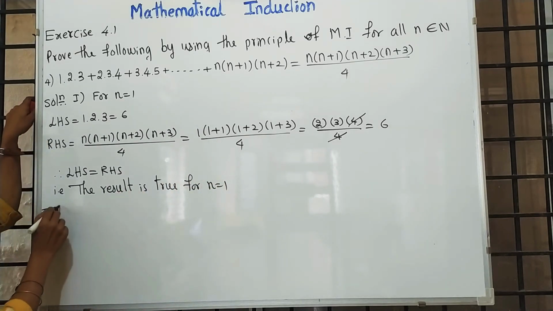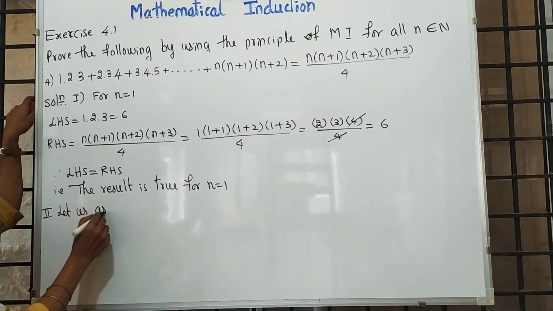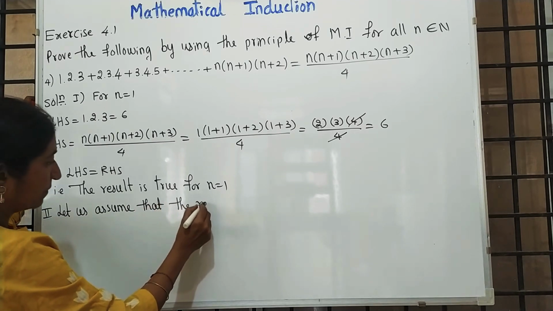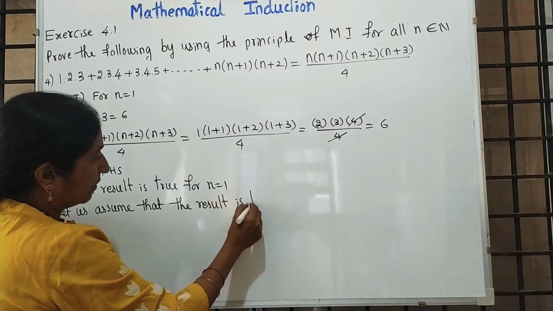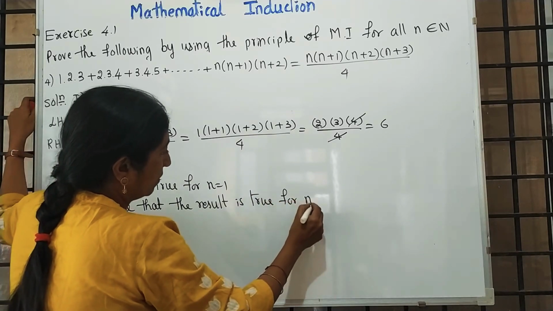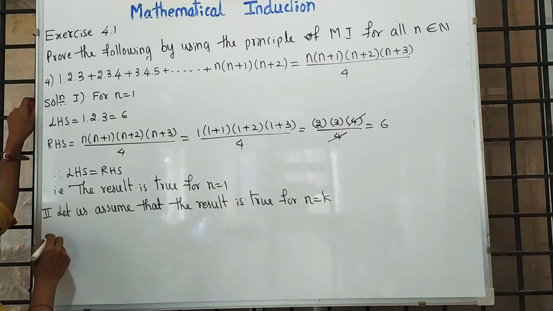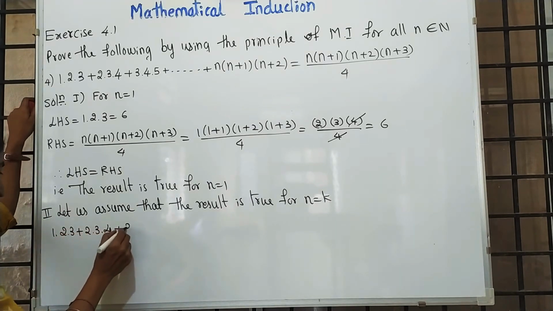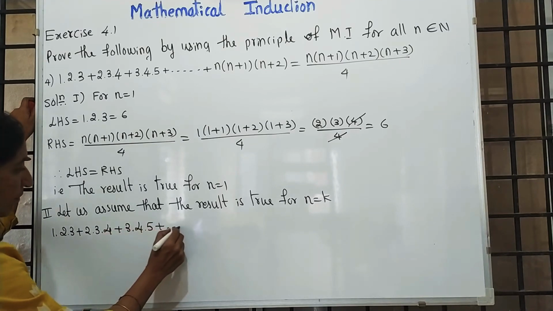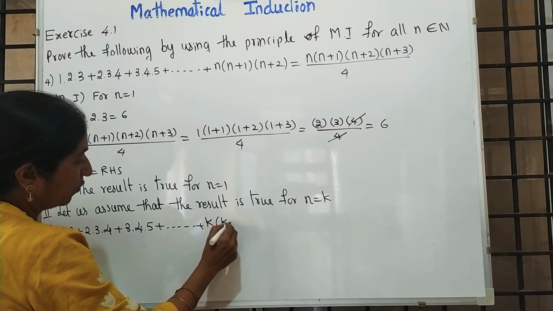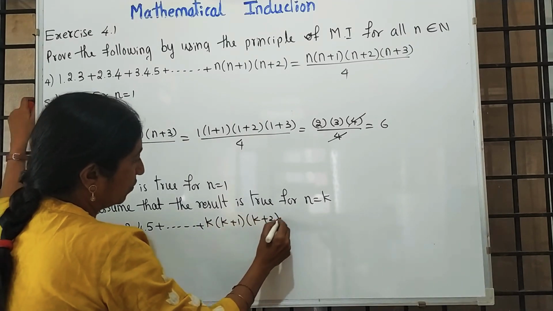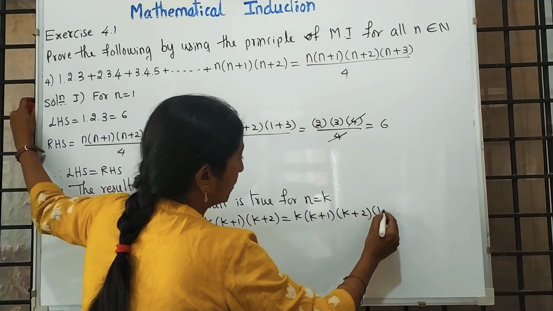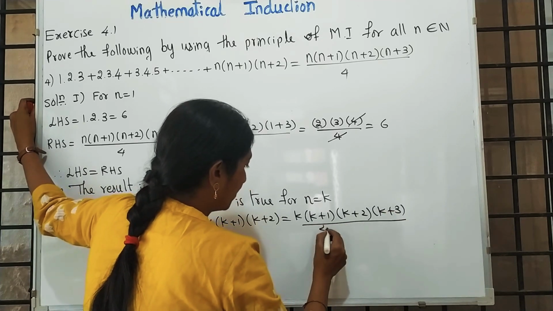Yes, what is the second step? Let us assume that the result is true for n is equal to k, that is 1 into 2 into 3 plus 2 into 3 into 4 plus 3 into 4 into 5 plus continuation plus k into k plus 1 into k plus 2 is equal to k into k plus 1 into k plus 2 into k plus 3 whole divided by 4.